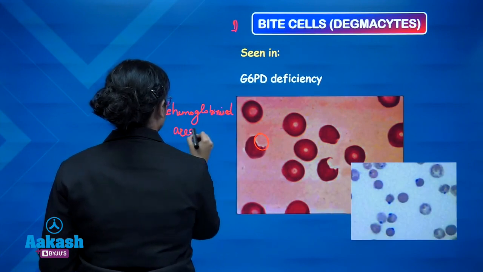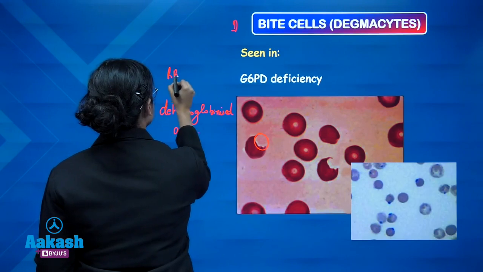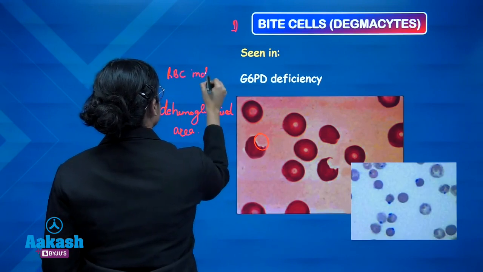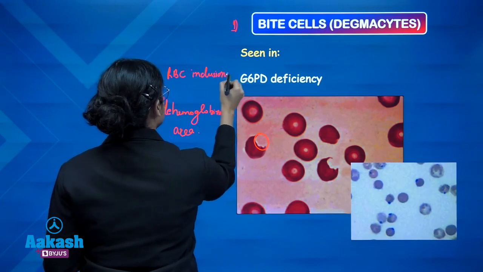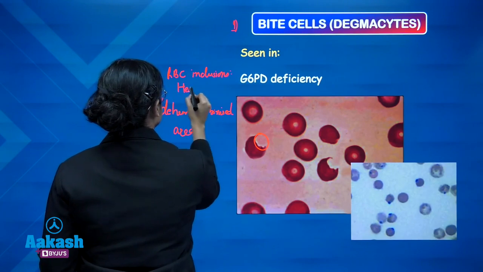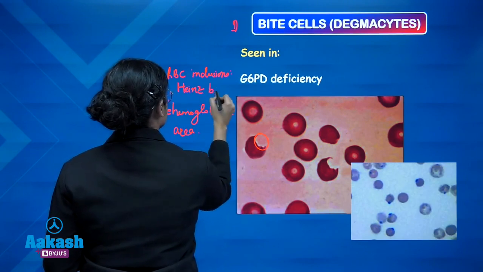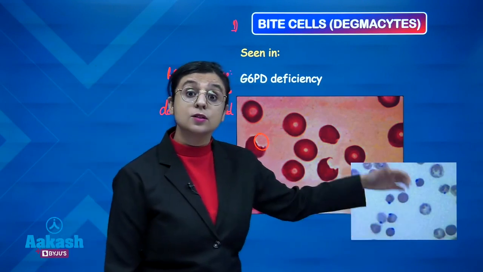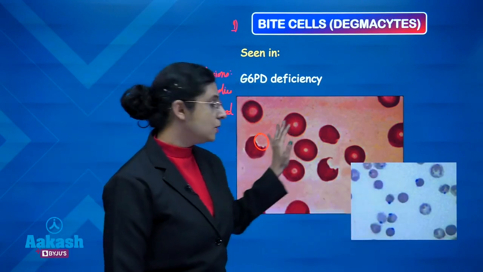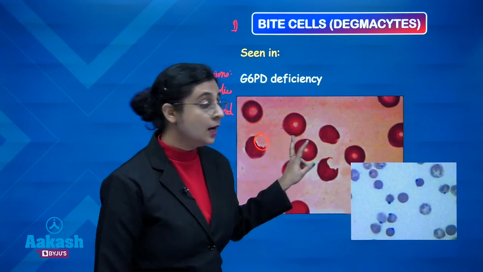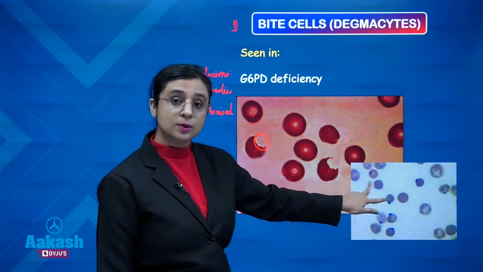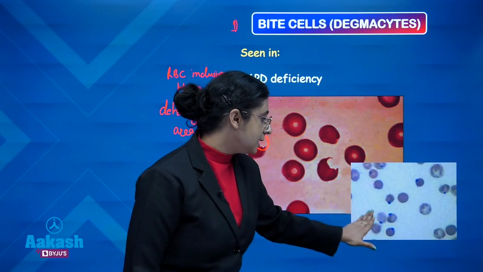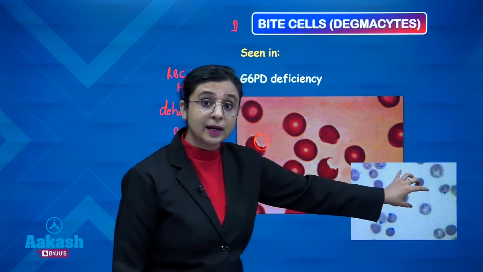And what are the RBC inclusions found in this case? RBC inclusions called as Heinz bodies. So let me show you the Heinz bodies. What is this stain? This is the supravital stain, unlike the normal Romanowsky Giemsa stain. Now how can you differentiate between the two, students? In the supravital stain, do you see the bluish hue of the background?